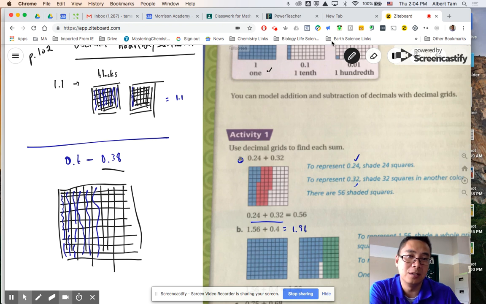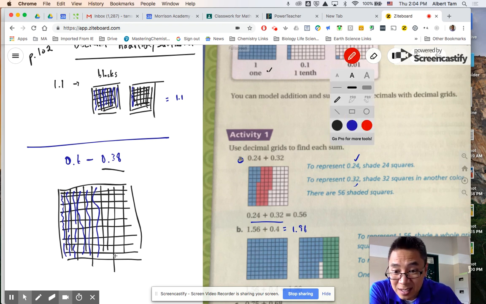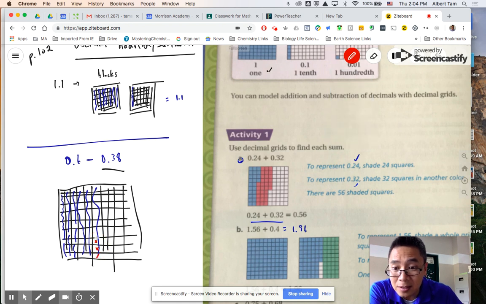What they do in the textbook is slowly write x's in the squares that are being subtracted. In this case, I would have to draw in 38 of these x's in order to represent 38 hundredths being taken away.